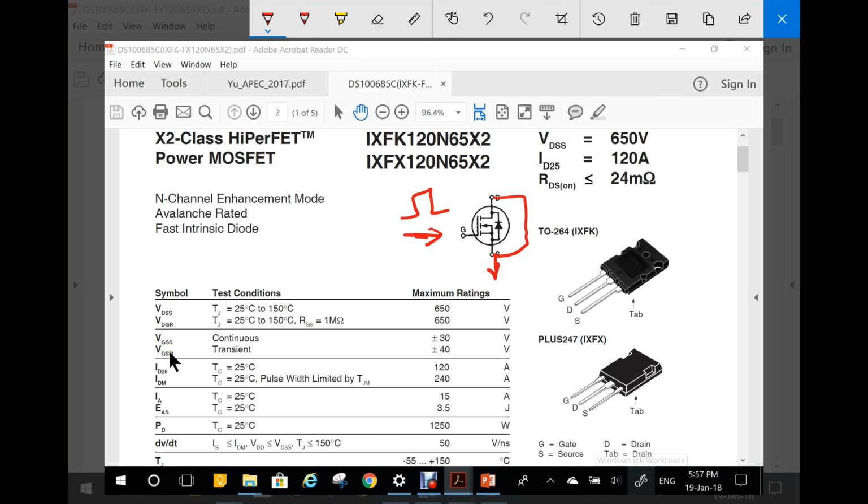Well, it's not that nice that they are not specifying what is a transient. They should have given information saying, well, lasting at least that long. But anyhow, this means that a short spike of 40 volt will not damage the gate.